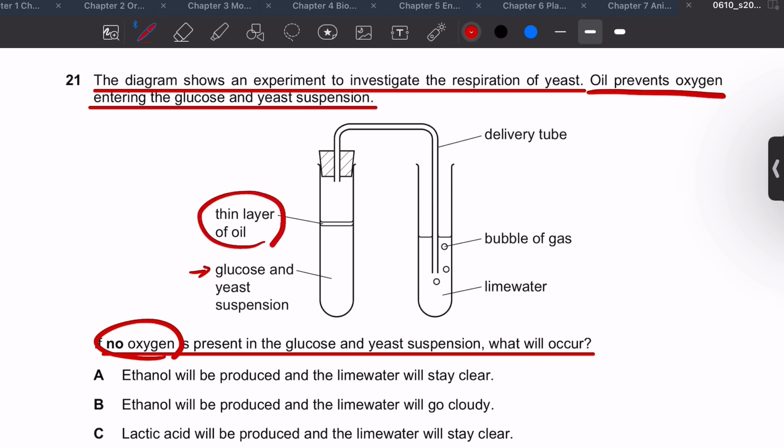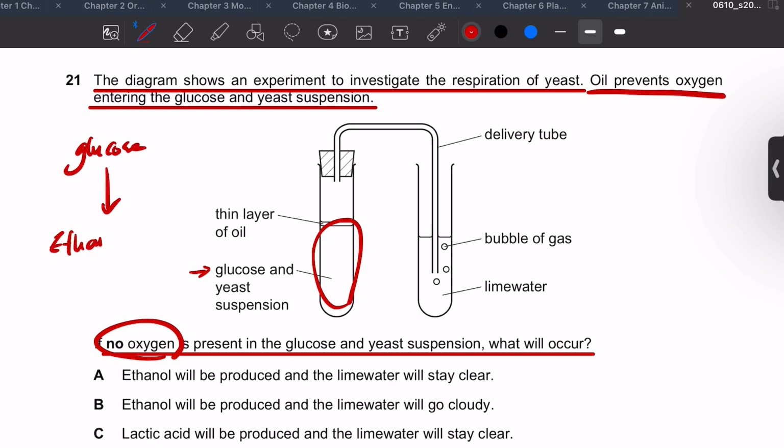So the thin layer of oil is present to prevent oxygen from going into the yeast suspension. So it's keeping it anaerobic, and during anaerobic respiration, glucose gets converted to ethanol and carbon dioxide in yeast.